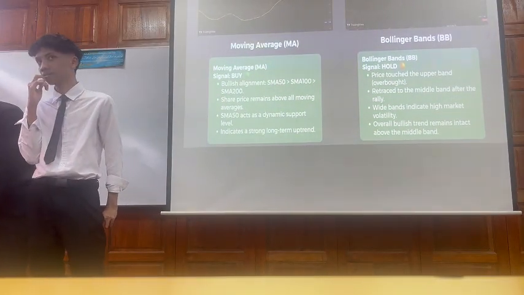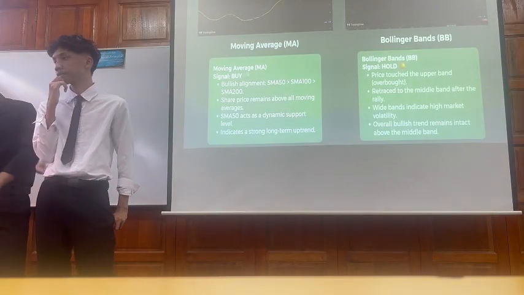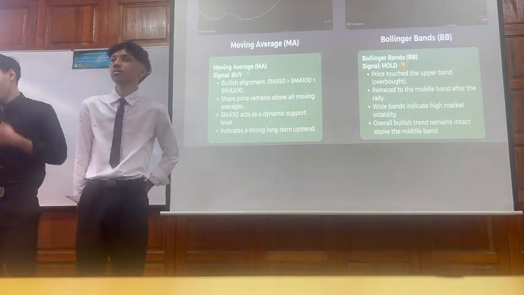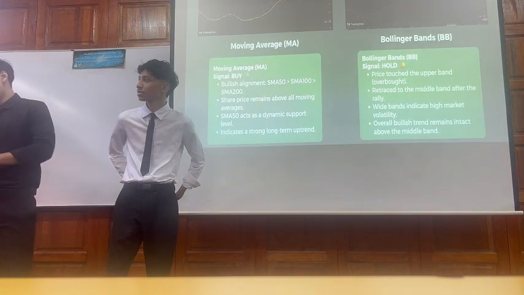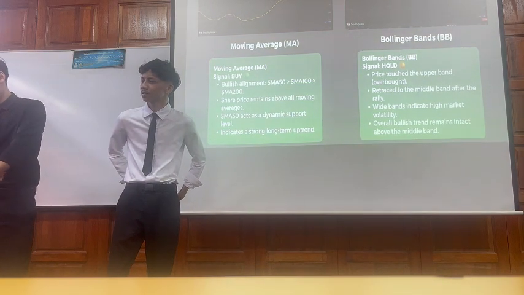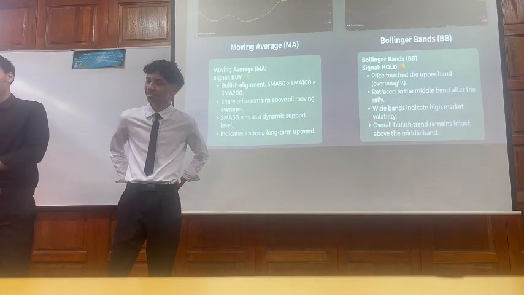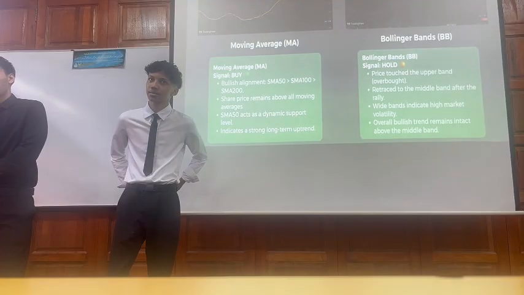Dia cari sign dia. When the price touch upper band, upper Bollinger Band, it means the price is overbought and strong uptrend. Touch, just touch one time.